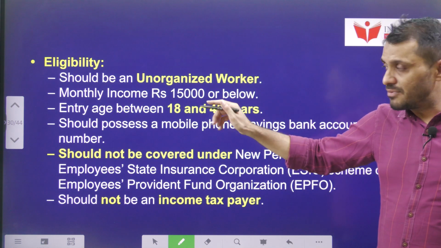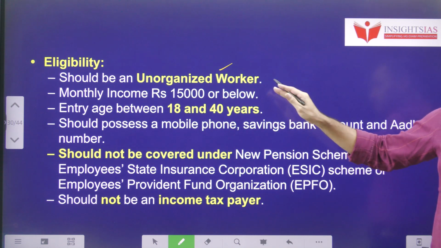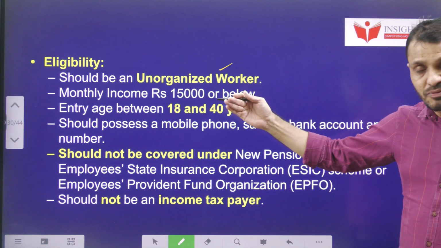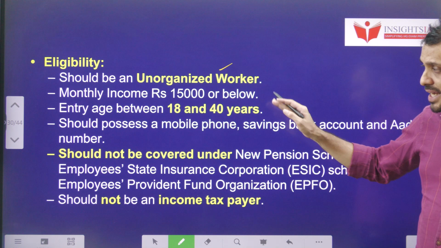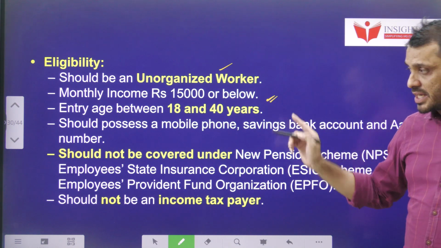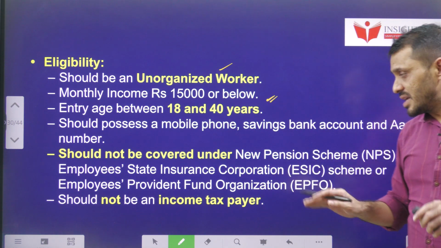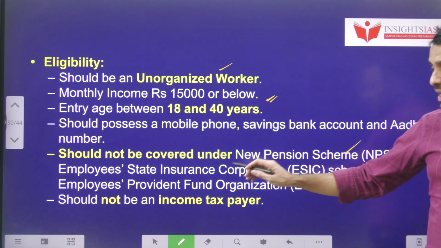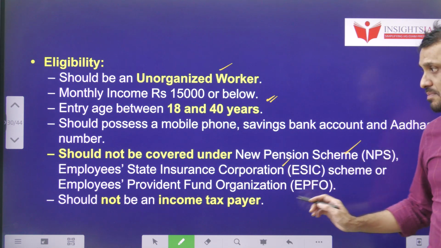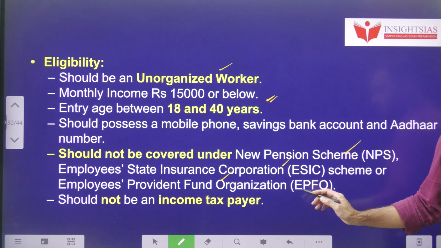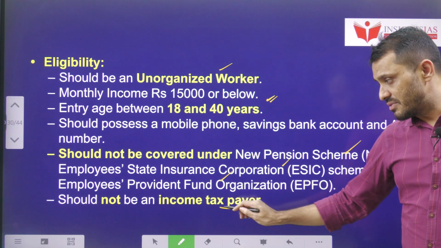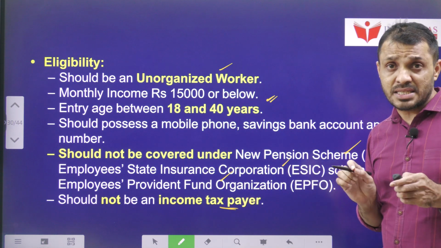Eligibility: they must come from the unorganized sector, and their monthly income should be 15,000 or below. The entry age for this scheme is 18 to 40 years, and they should not be covered under the New Pension Scheme, Employees State Insurance Corporation scheme, or Employees Provident Fund Organization, and they should not have income tax returns.